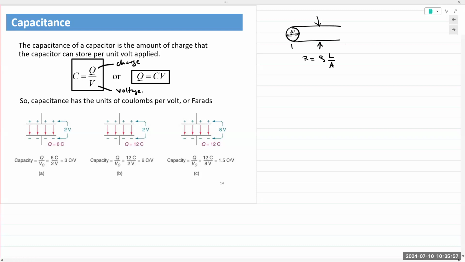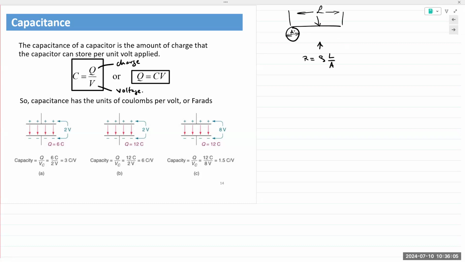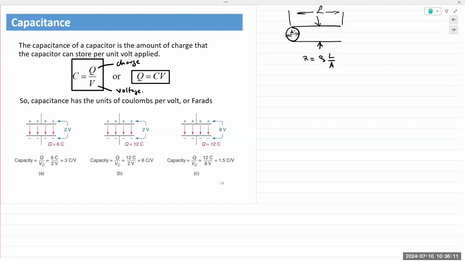So depending on how long the length is, you have the resistance of that wire. Now, the reason I'm talking about the resistance is because the resistance, or the physical size of that conductor, will determine how much current it can carry.